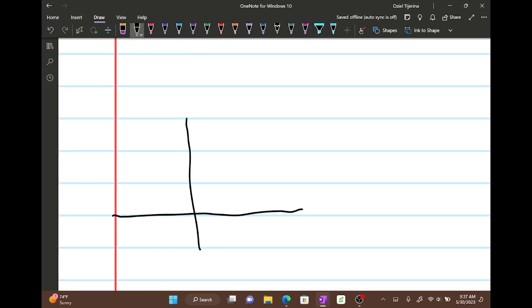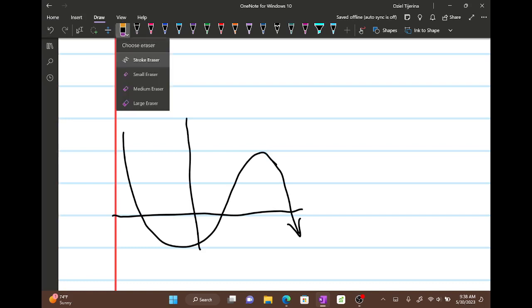So let's say, for example, there is some kind of curve, and right here let's say there's a discontinuity or a hole right here, right? So let me just draw that really quick. 1 second, guys. 1 second.